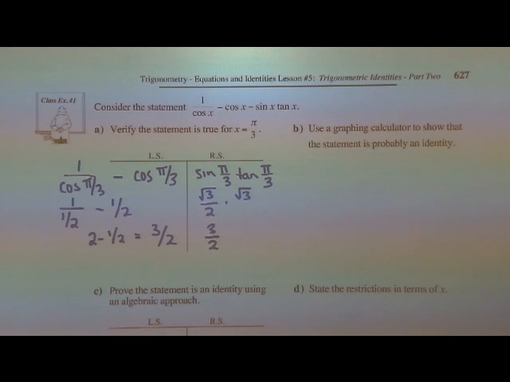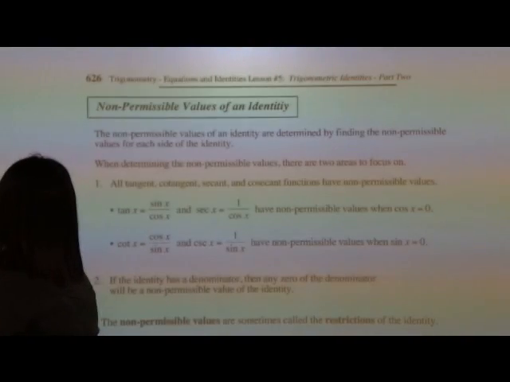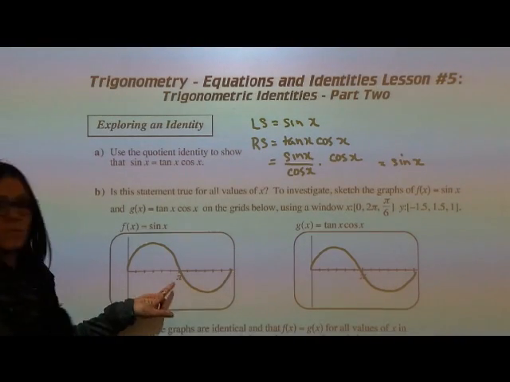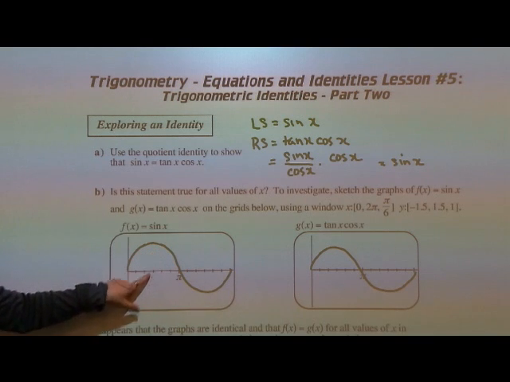So how did I do the last one? How did I show the last one was an identity? What did I do on the previous pages? What did we graph here?